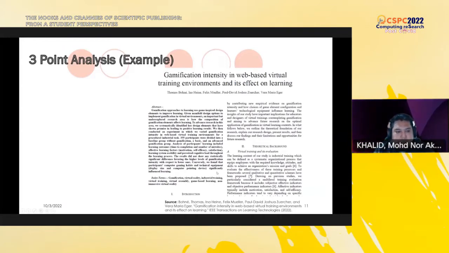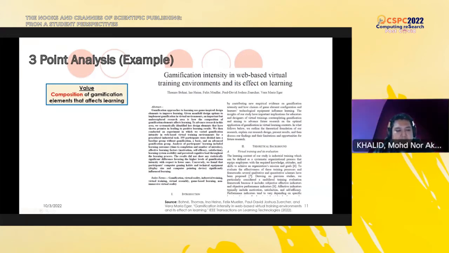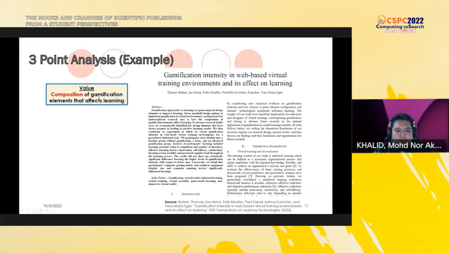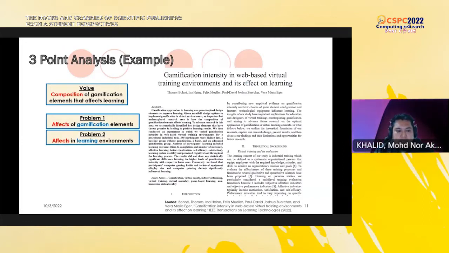So you can see, for example, the value from this paper, an example of this paper, okay. Maybe in your case it might be different. So the value maybe is to identify what are the effects of the composition of gamification elements that affect learning. And then there are several problems actually.